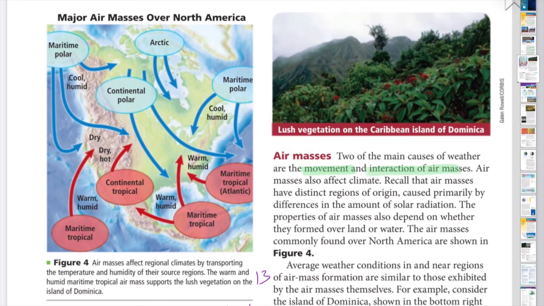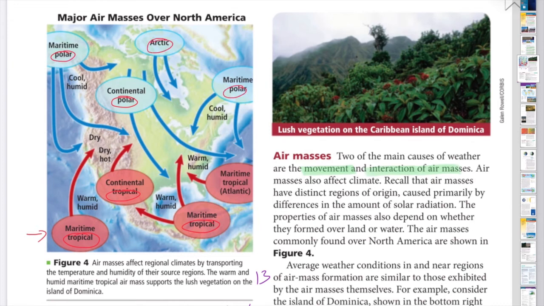So latitude determines if it's tropical. So we have tropical here, tropical here, if it's closer to the equator. If it's closer to the poles, it's polar, or if it's Arctic air.